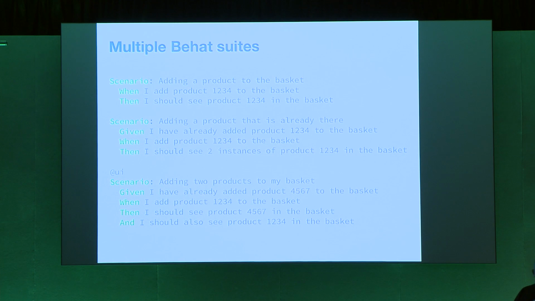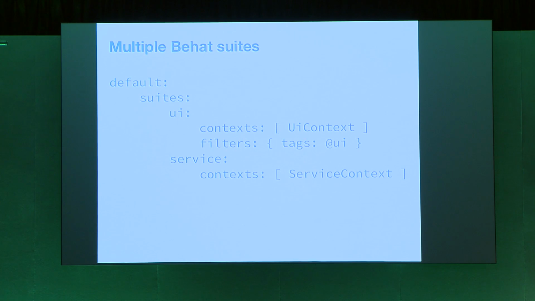Really at the UI level, all I need to check is that the things that are in the basket are being shown in the template, and that the Add to Basket button is hooked up to the method that adds things to the basket. So I only need to test 1. I can tag just 1 of these scenarios and tell the tool, run all 3 of these scenarios at the service layer, and just run this 1 at the UI layer. We don't need to run all of the others. It would just be a waste of time. And there's some configuration that you can do.